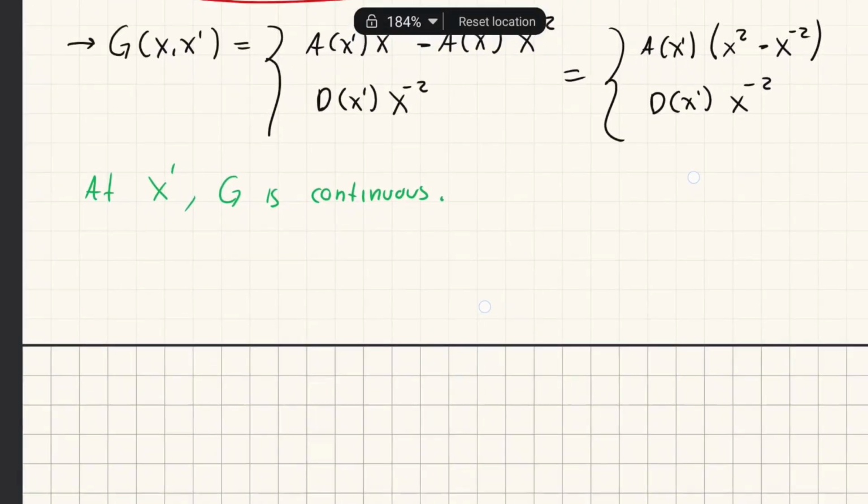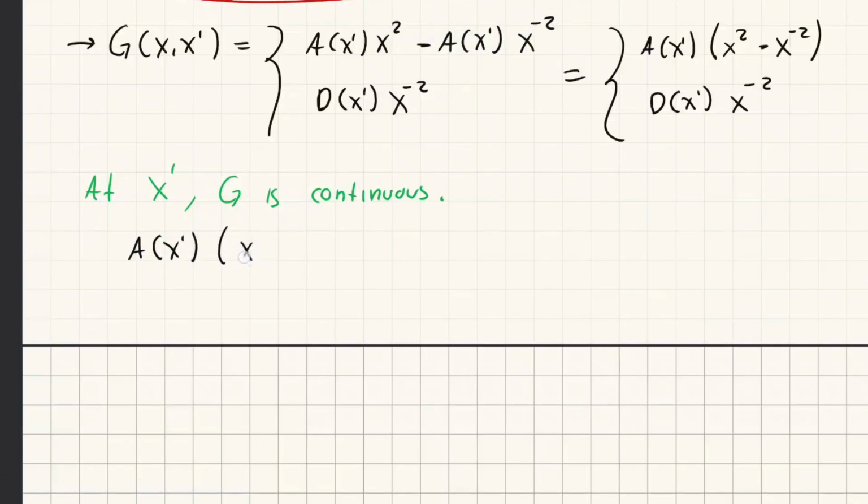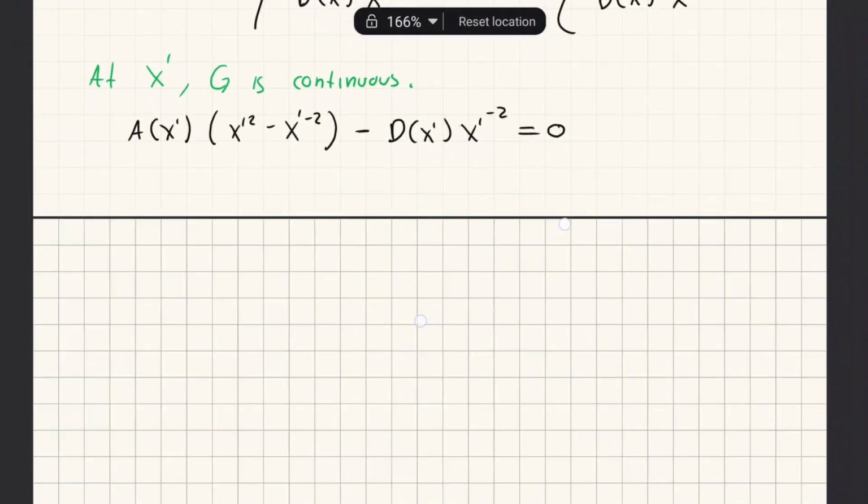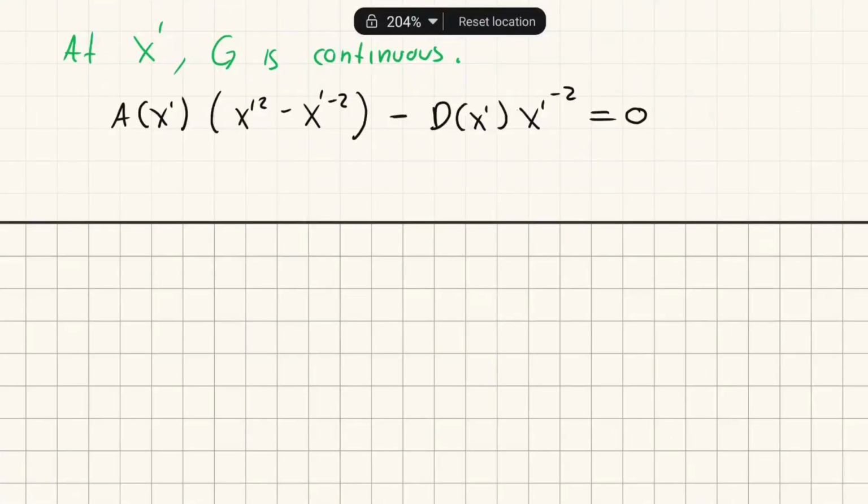From that, we can quickly construct another equation: a(x') times (x' squared minus x' to the negative 2) should be equal to d(x') times x' to the negative 2. That is equivalent to saying that minus d(x') times x' to the negative 2 is equal to 0. So this is the continuity condition for the Green function, just to say it in a different way.